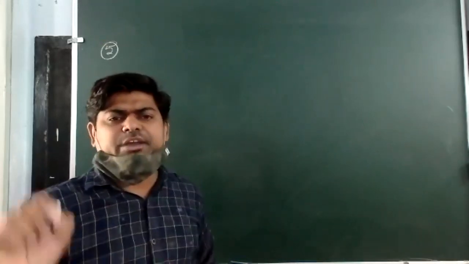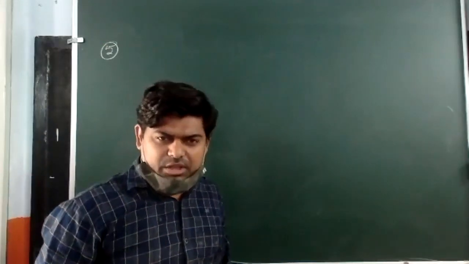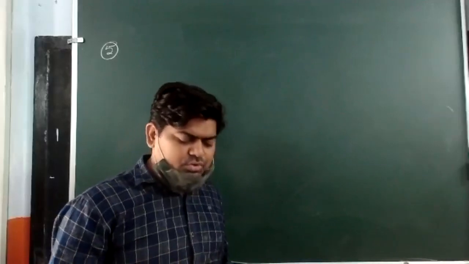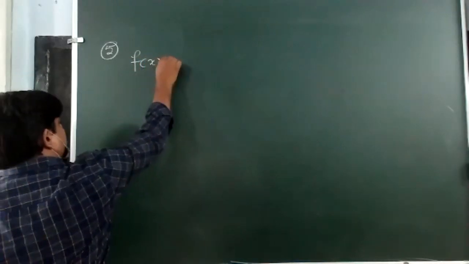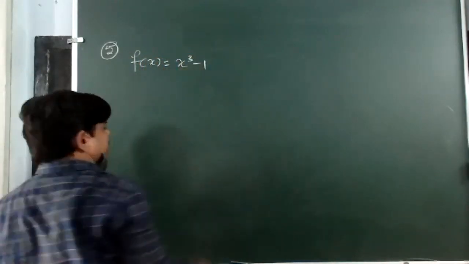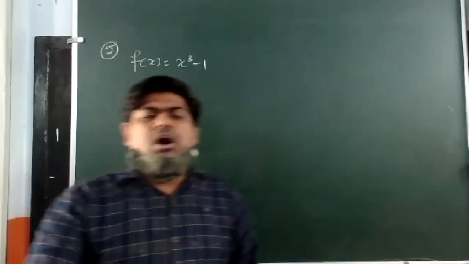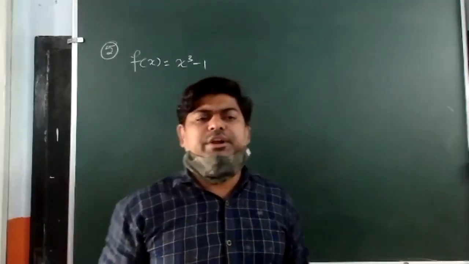Now see, question number 5 is there. In question number 5, it's written f(x) is equal to x cube minus 1. What has been given? f(x) is equal to x cube minus 1. Then it is asking the value of x if f(x) is equal to 215.